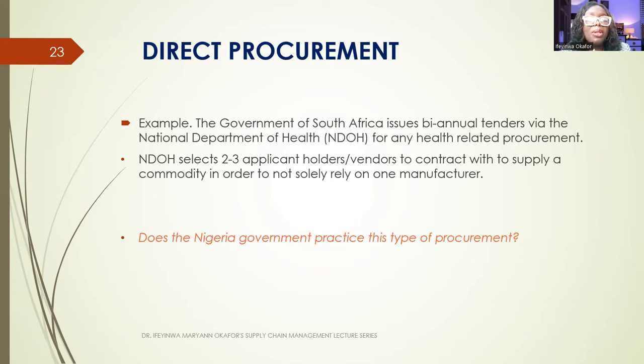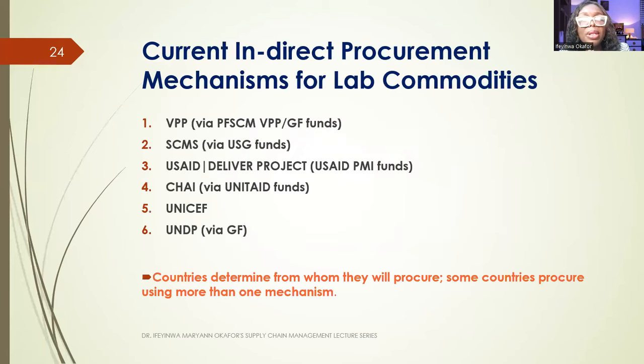And this National Department of Health selects 2 or 3 applicant holders or vendors to contract with, to supply a commodity in order to not solely rely on one manufacturer. The question is, does the Nigerian government practice this type of procurement? Maybe it is a research that you need to do and find out for me if the Nigerian government practices this type of procurement process.